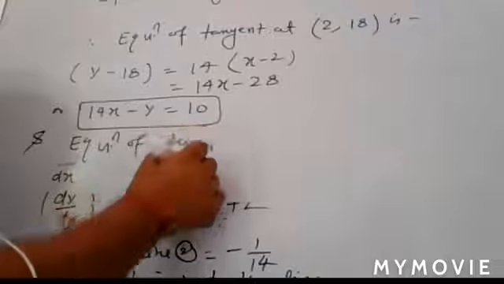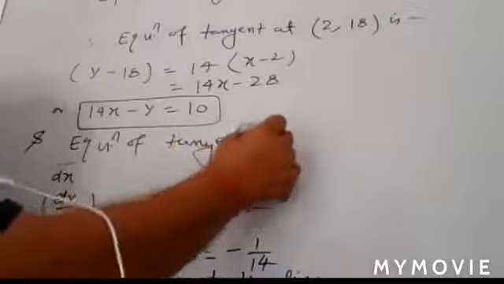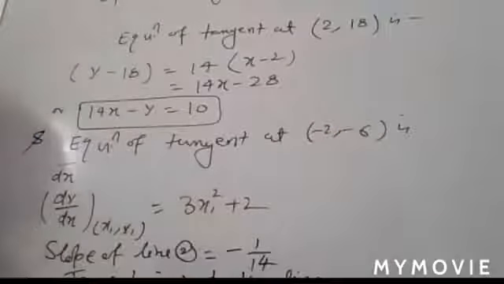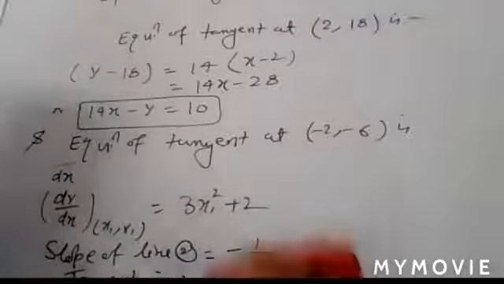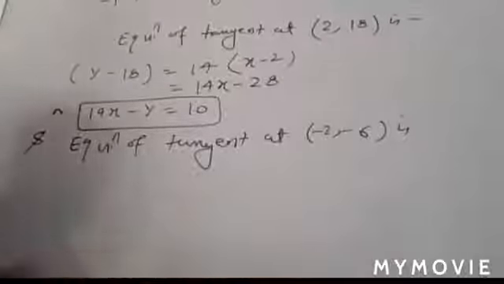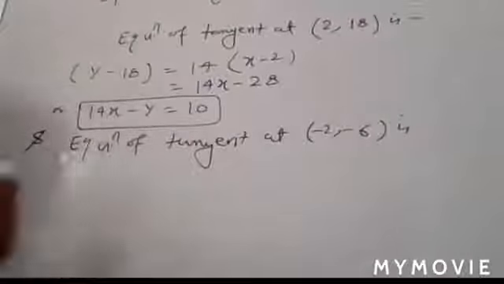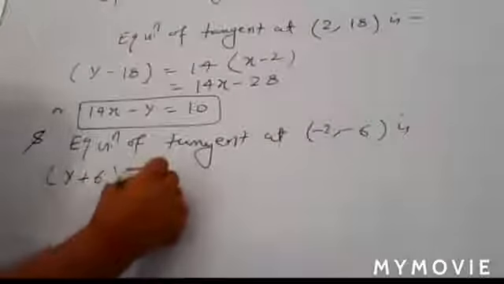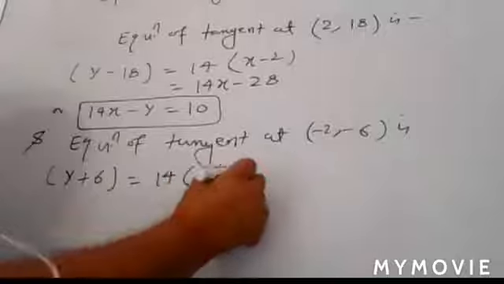Equation of tangent at (-2, -6): you have to find the equation of tangent at the second point also. So that is y plus 6 is equal to 14 into x plus 2.